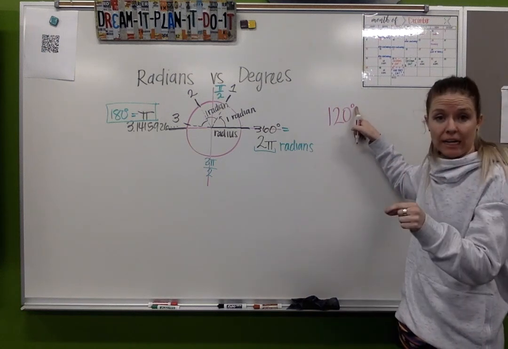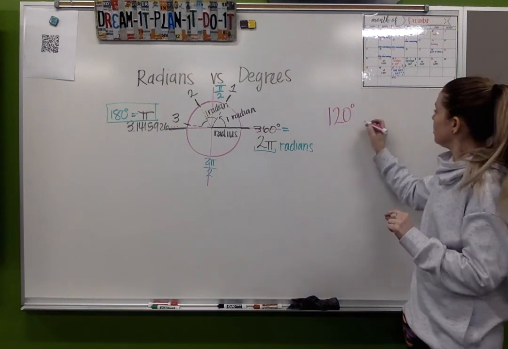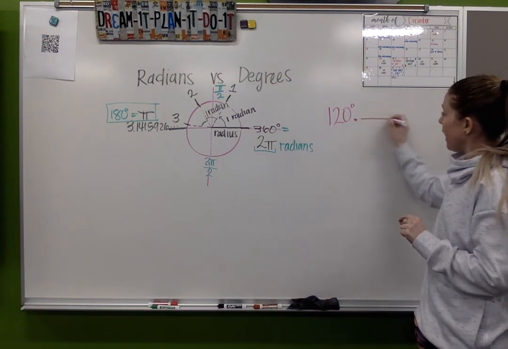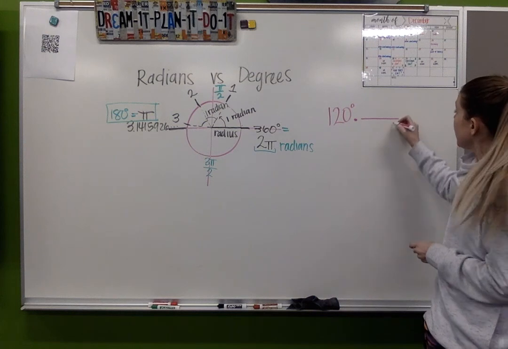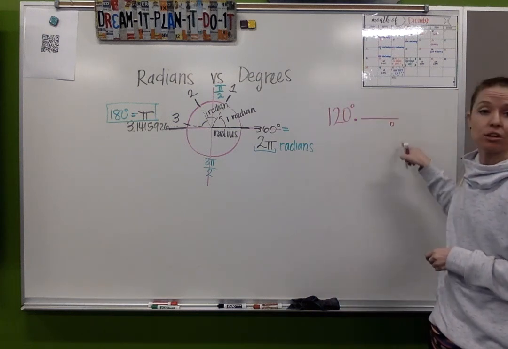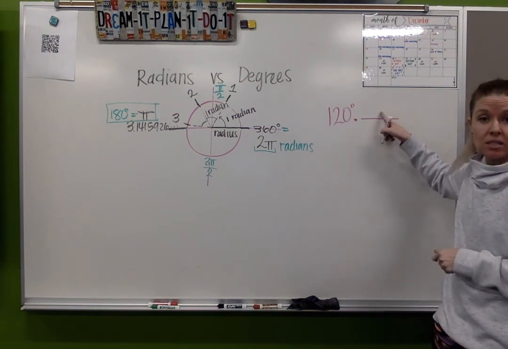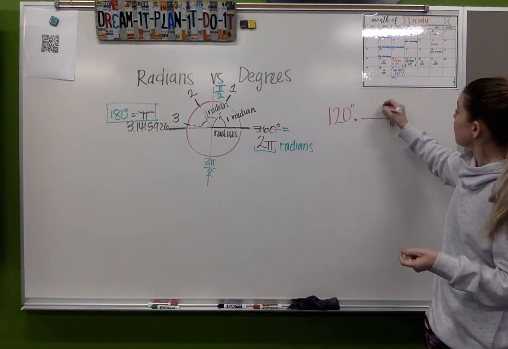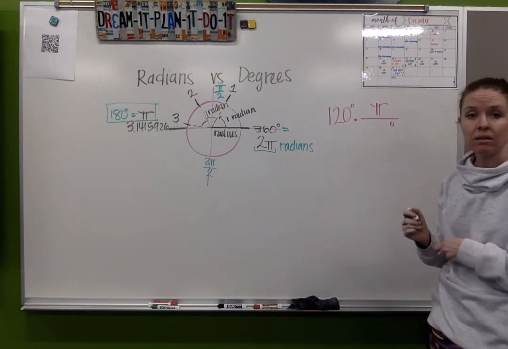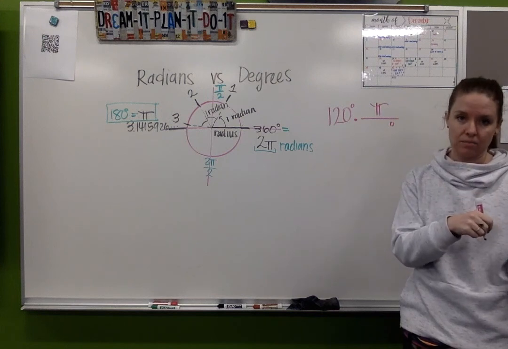We're in degrees, so I need to somehow cancel out the degrees. So I'm going to multiply by a fraction, and I'm going to put the degrees in the denominator. That way my degrees will reduce out. I want to end up in radians, so I'm going to put pi in the numerator.